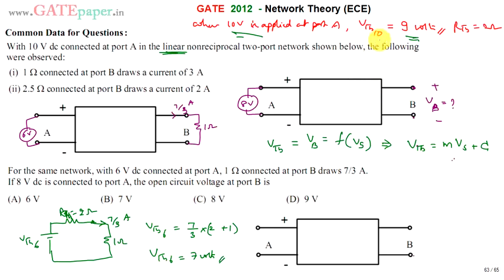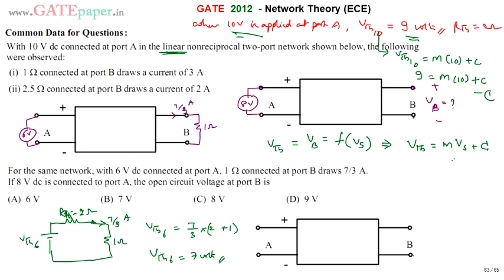From the first case you can get VTH10 is equal to m times how much you are applying, Vs is equal to 10, plus c. So VTH10 is 9. 9 is equal to m times 10 plus c, that is 10m plus c.